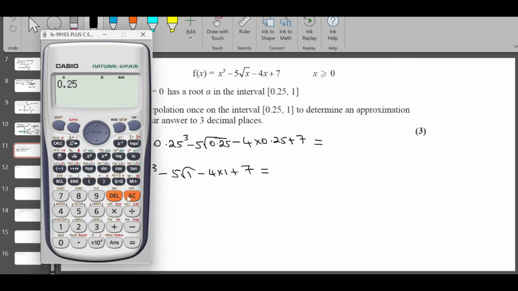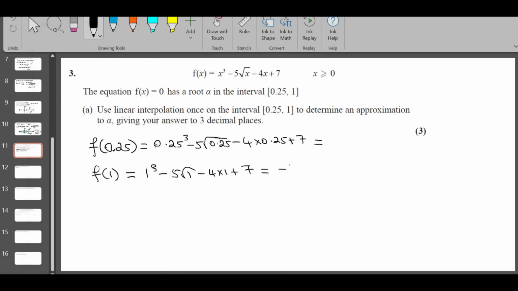Okay, first let me find 1 cubed minus 5 square root of 1 minus 4 times 1. Even though we know 4 times 1 is 4, 5 square root of 1 is 5, I'm just typing this, so later I can come back and change all the 1s to 0.25, plus 7. So we got negative 1 here.